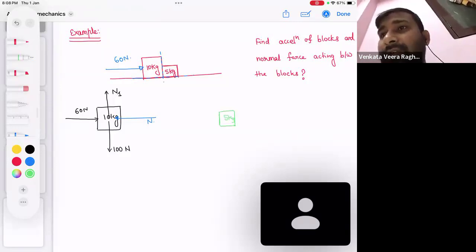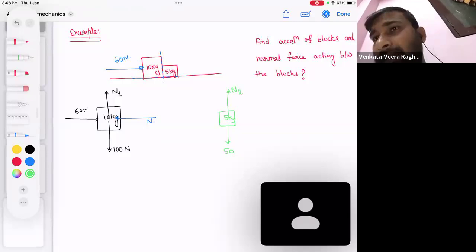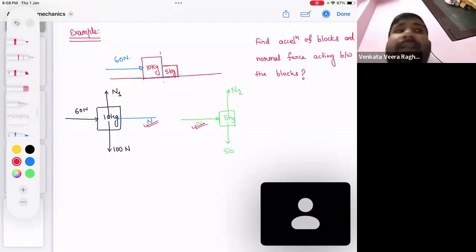So for 5 kg, weight will be acting, 50 Newton. Ground will be applying the normal on that one, N2. And isn't it, the 10 kg will be applying a normal on the block? So which two forces are action reaction? Can I say this normal and this normal are the action reaction pair? Please check it now.